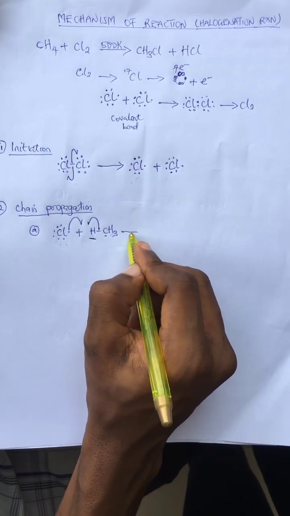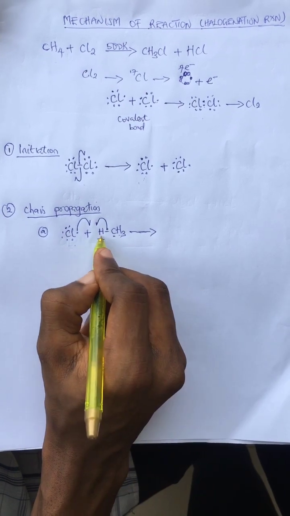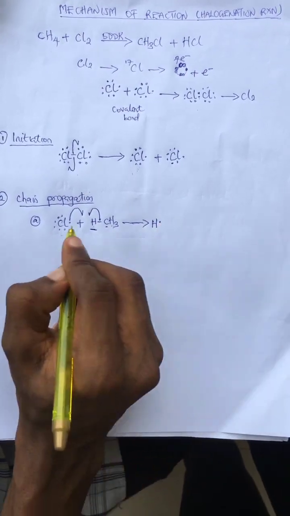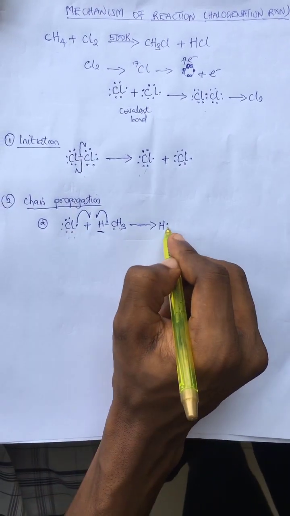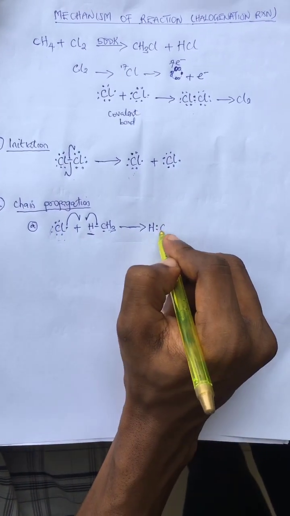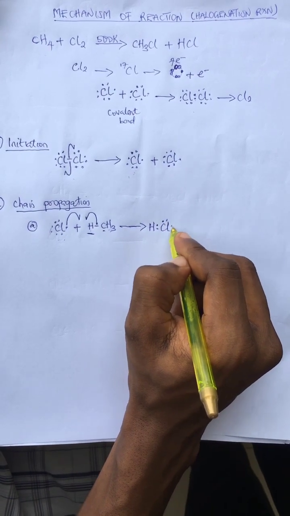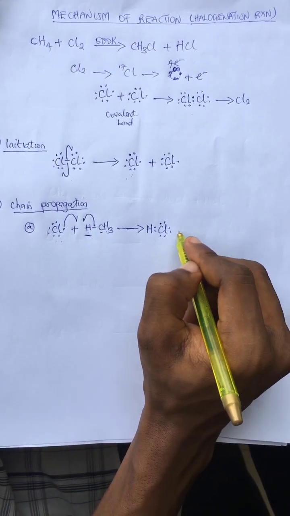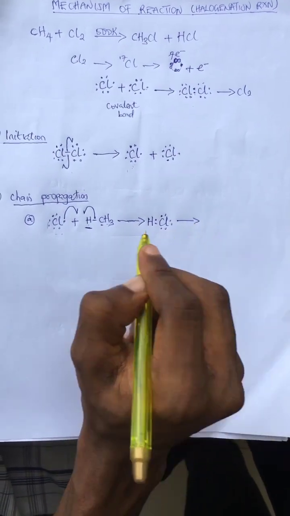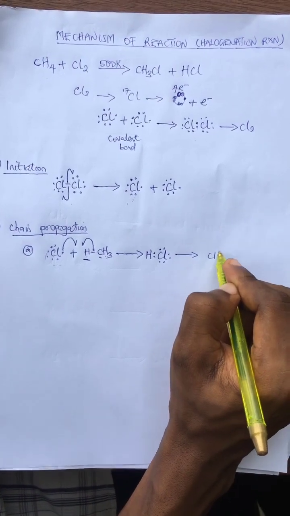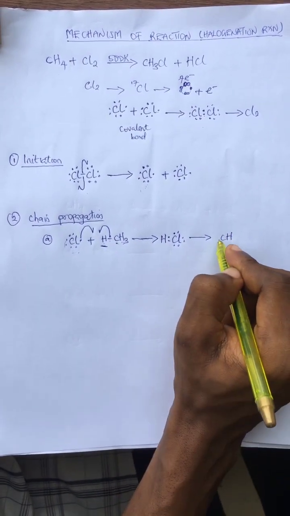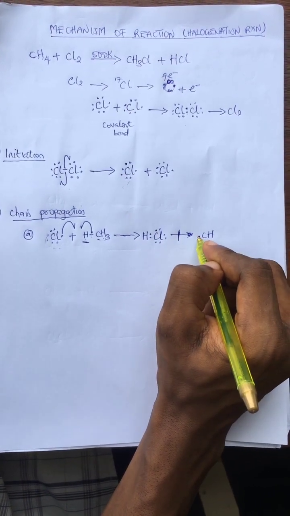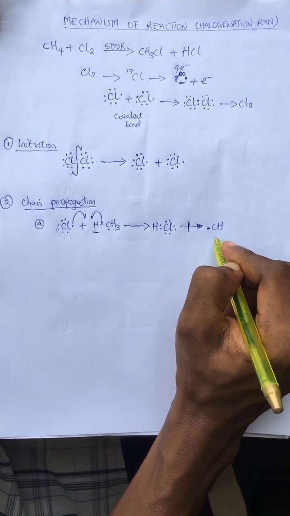So what we'll be having as a product would be our hydrogen with 1 electron combining with this other electron, and then our chlorine, 1, 2, 3, 4, 5, 6. And then what is left here would be just this methyl and then 1 electron. So we call this methyl radical.